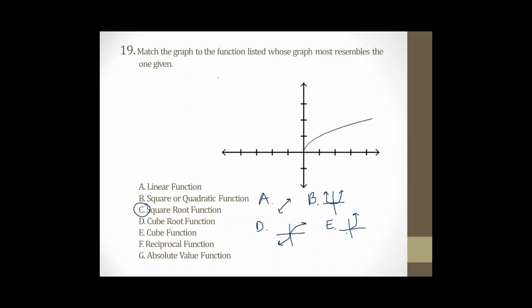It looks like this. These are just rough sketches of the parent functions. The reciprocal function looks like that, roughly. And then the absolute value function is a V. It can be going up or down, left or right, but this is just a basic sketch.